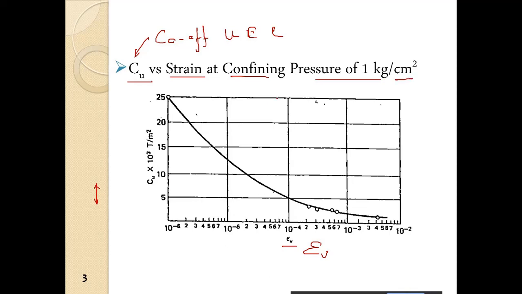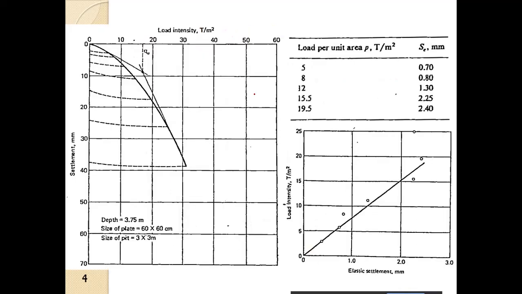That is what we have to find out. This is an important part of the problem. Various data are given. First of all, the cyclic plate load test data is given.